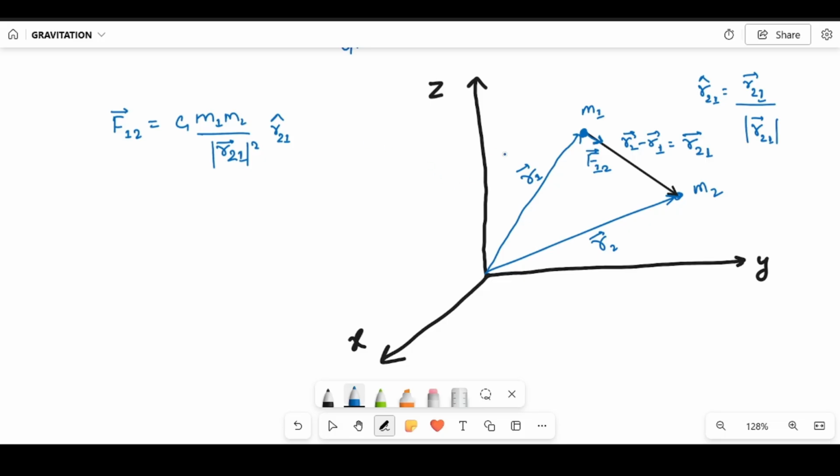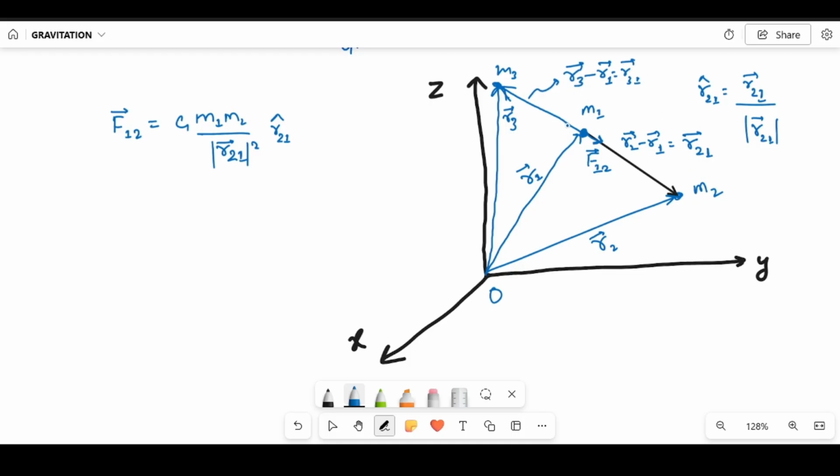Okay, let's say here we have another body of mass m3, and its position vector is r3. So we can again draw a displacement vector here, and this displacement vector will be r3 minus r1, or we can write r31 vector in the same way as we have done here.